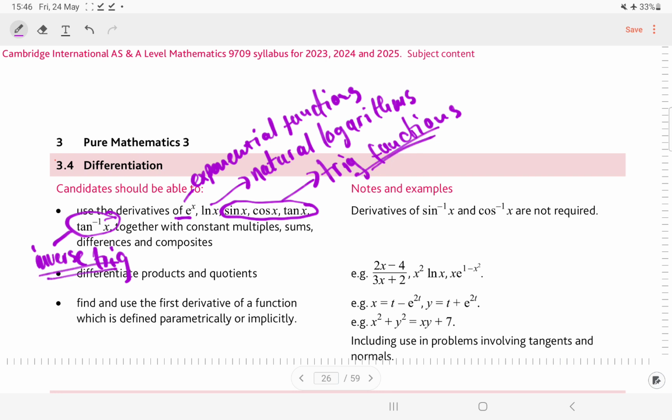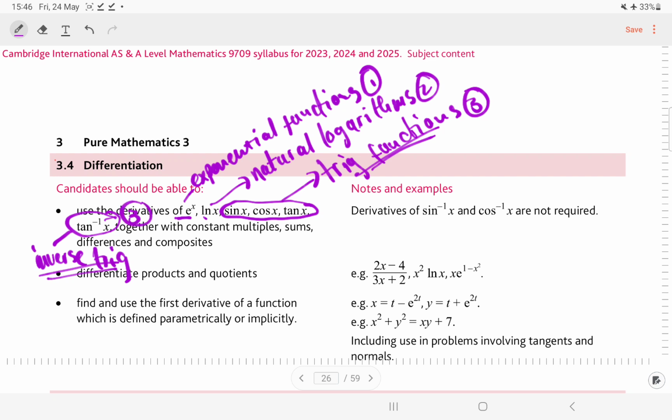So we can say so far we have done 3. 1 is exponential. 2 is the derivatives of ln: you have to know how to differentiate ln x and its friends. Then you have to know derivatives of trig functions and inverse trig. We'll put them together as our 3, trig and inverse trig, right?